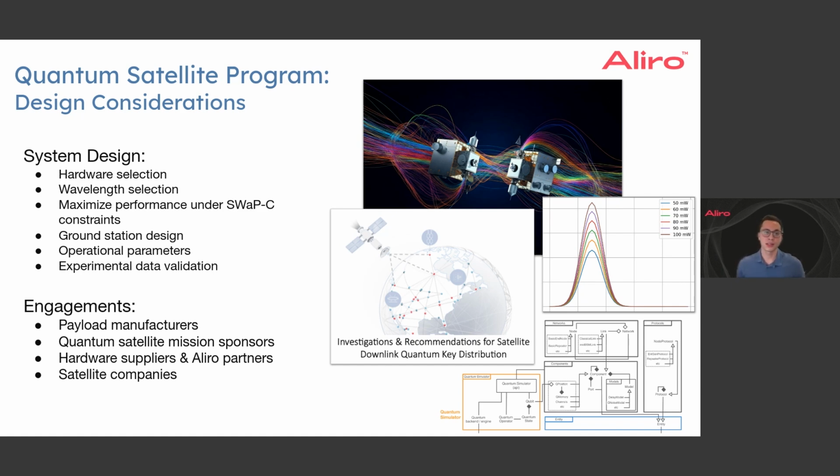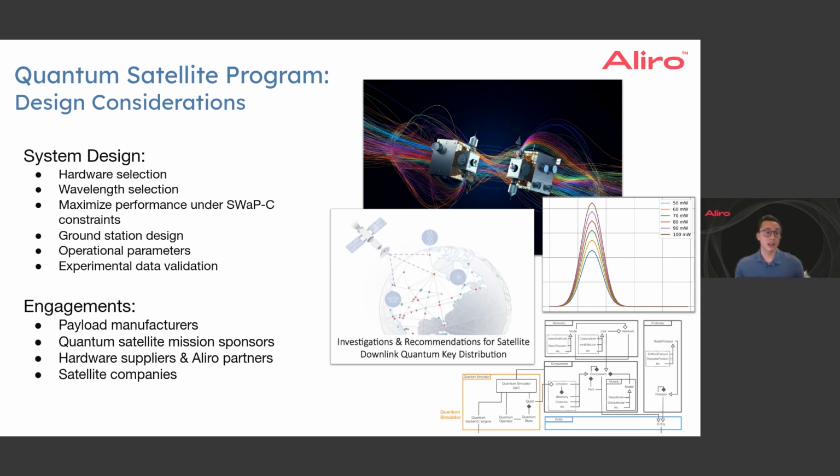So simulation plays a really critical role in understanding the effects of an operational satellite, things like the orbital path and temperature fluctuations. How does it affect my hardware? How does it affect the system as a whole? How do I mitigate these effects to a certain extent? So simulating all these scenarios is extremely important.